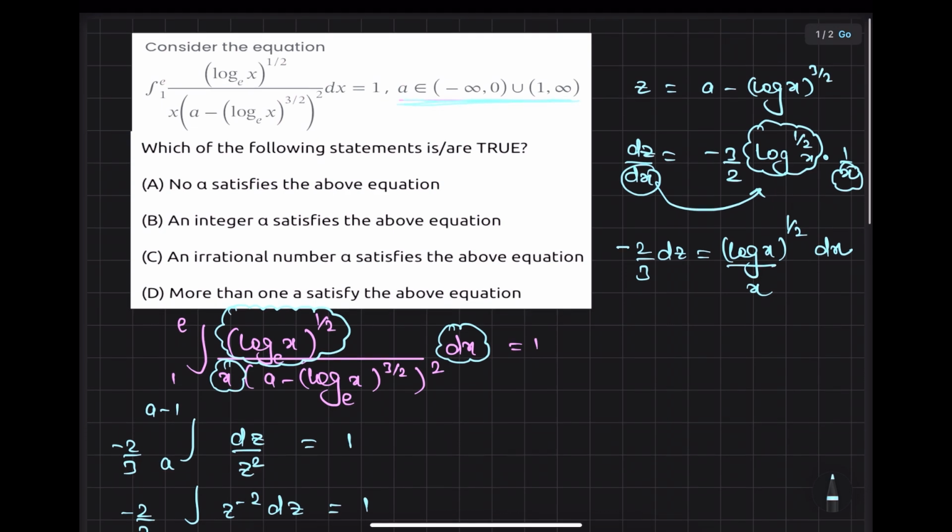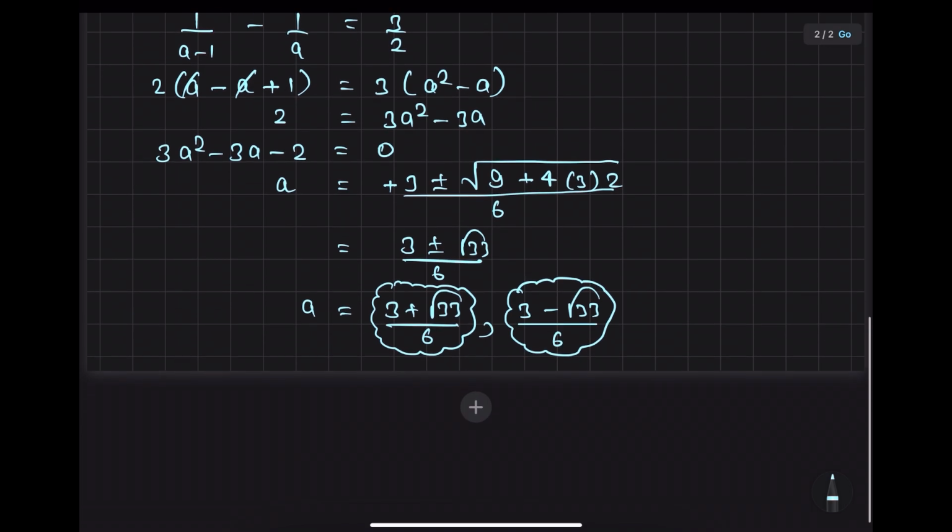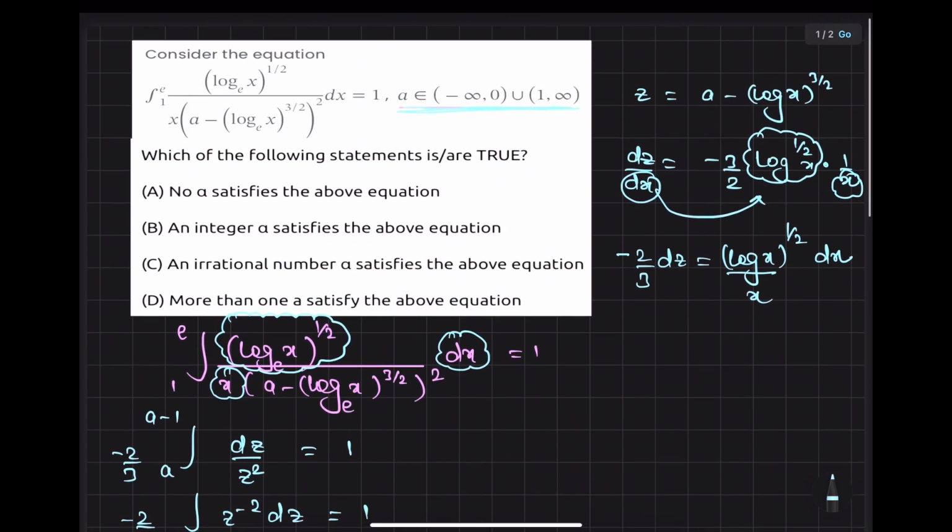Now let's observe the options. No a satisfies the above equation: this is wrong, we got two values of a which satisfy the equation. An integer a satisfies the equation: no, it wasn't an integer.